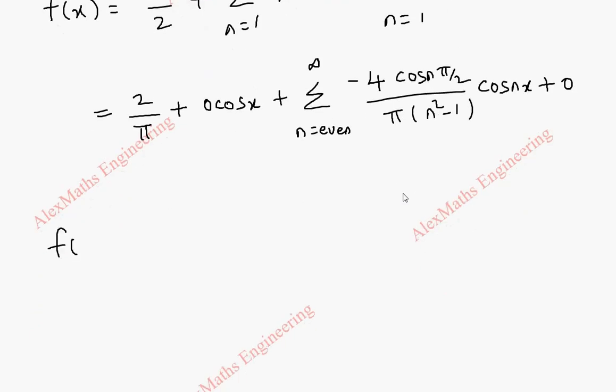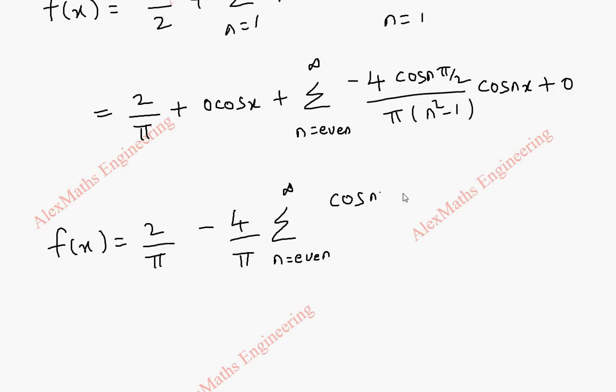Now f of x becomes 2 by pi minus 4 by pi, which can be taken outside. Summation starts from n is even till infinity, and it is cos n pi by 2 by n square minus 1 into cos nx. Now this even can be replaced as 1 to infinity by changing n as 2n, because 2n is even.